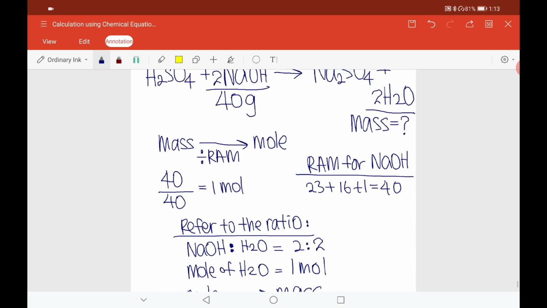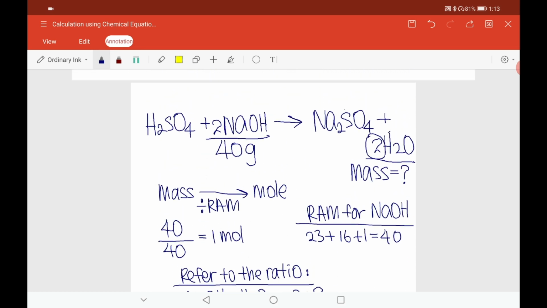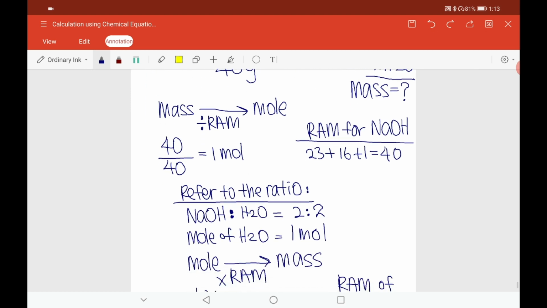Same thing, remember, although you see there are 2 water here, for the RAM you don't need to multiply by 2. Because the number 2 in front here is only used to balance the chemical equation and also used for the ratio. The number 2 in front doesn't need to be used for RAM calculation.